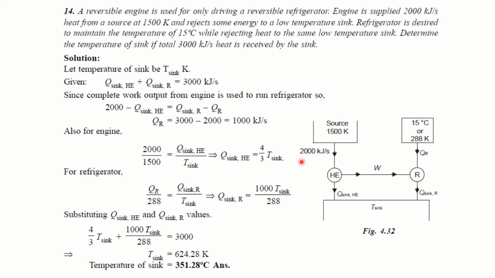Source 1500 K, 2000 kilojoule, it is supplied. Some part of it, work is done, some part of it is rejected. A refrigerator is desired to maintain the temperature of 15 degrees Celsius. Here, this is the refrigerator to maintain 15 degrees Celsius. So we have to take out the heat to maintain this 15 degrees Celsius and we are rejecting it.